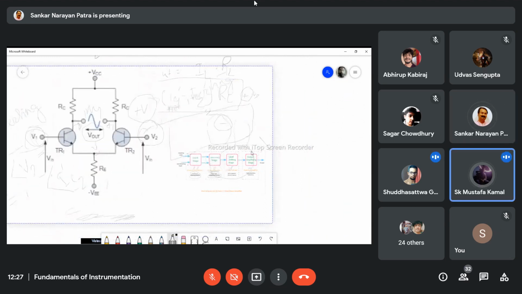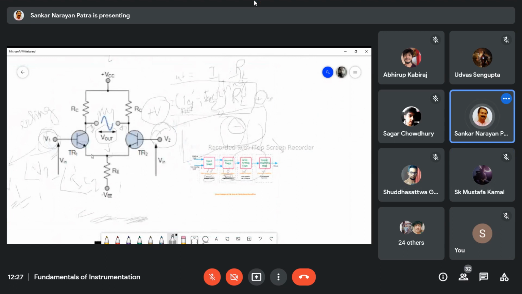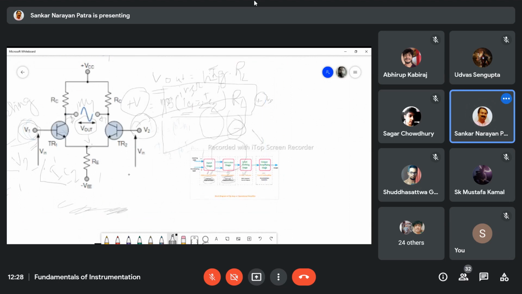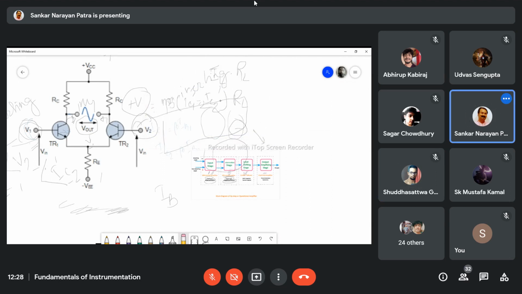That's why, if V1 is greater, IC1 will be greater, and beta will remain the same. If V1 is greater, then IB will be greater. What is IB? Beta IC? No. How can you derive IB from here? Base circuit.